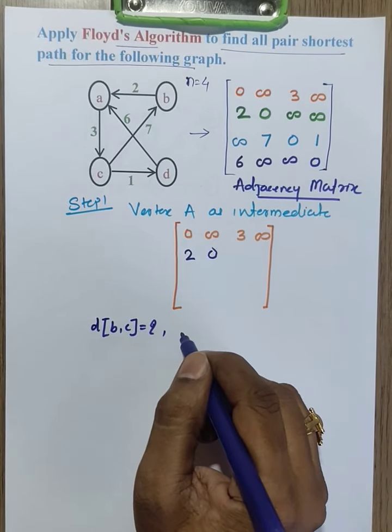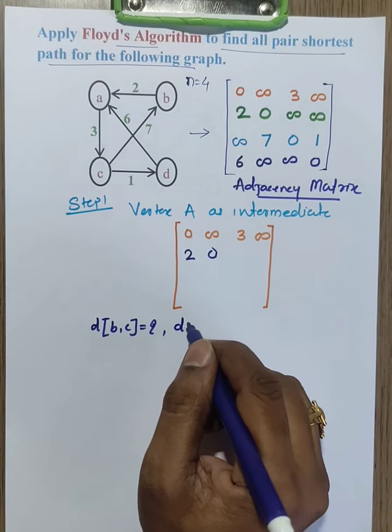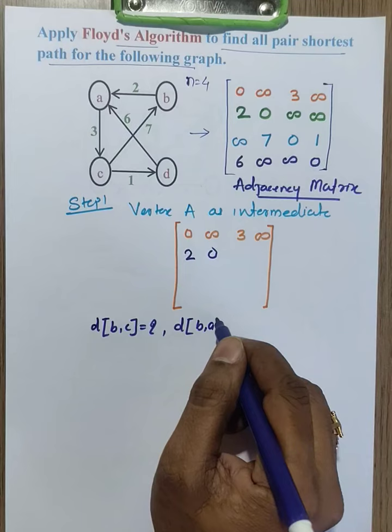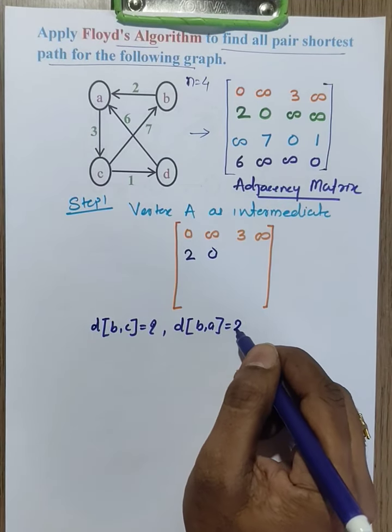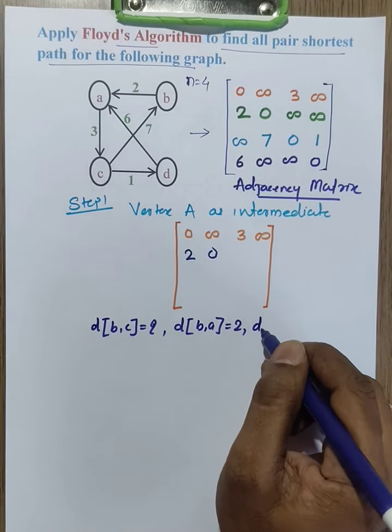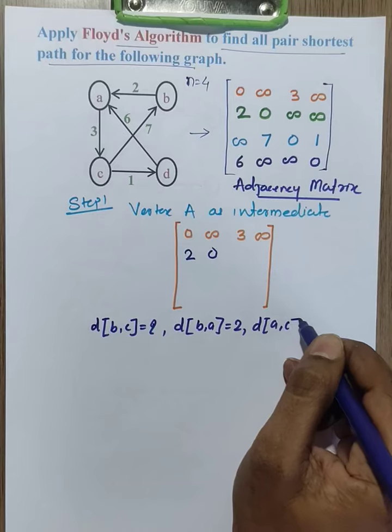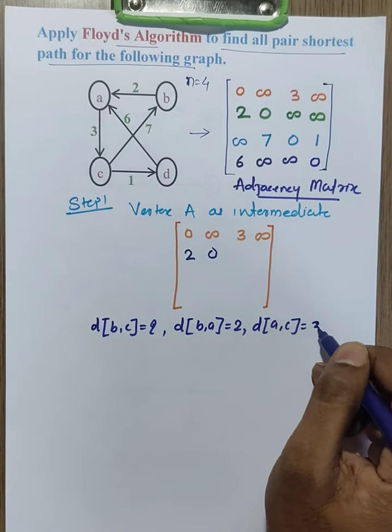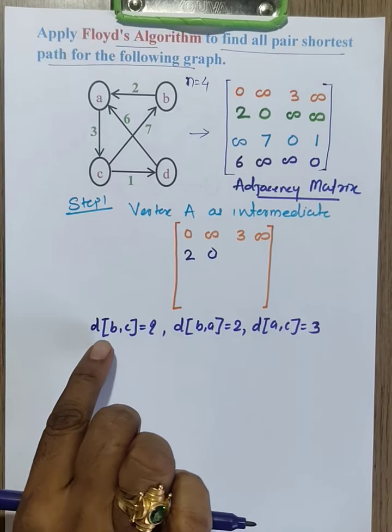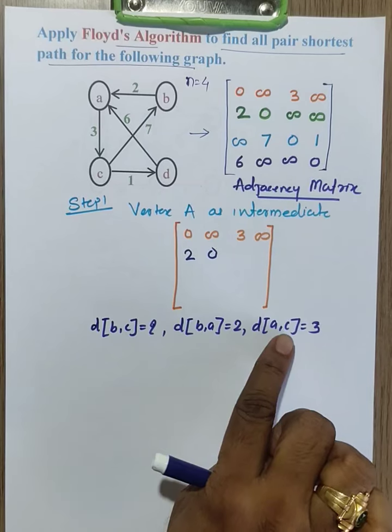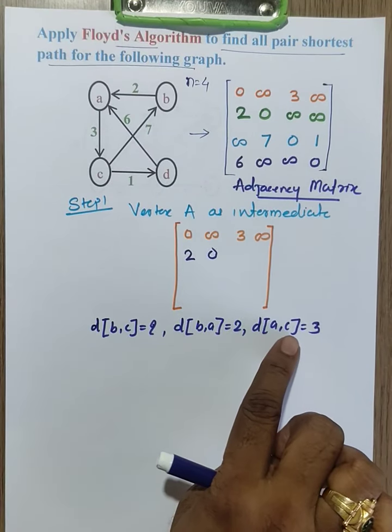If you want to find B to C, by the transitive property, distance B to A is given, B to A is 2. Next, distance A to C is given, this is 3. B to C we have to find. B to A is 2 and A to C is 3.